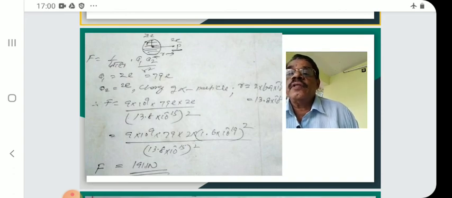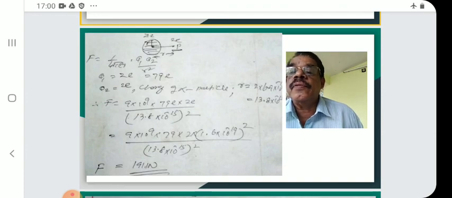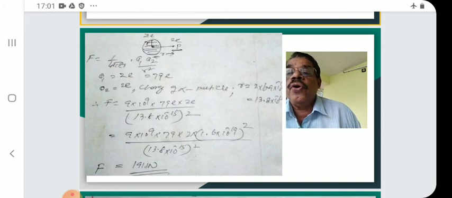The gold nucleus and the position of alpha particle are marked there. Force we can calculate by the equation 1 by 4 pi epsilon 0 Q1 Q2 by R square. Q1 is equal to Ze, that is gold nucleus. Gold nucleus has Z protons or Z positive charges.